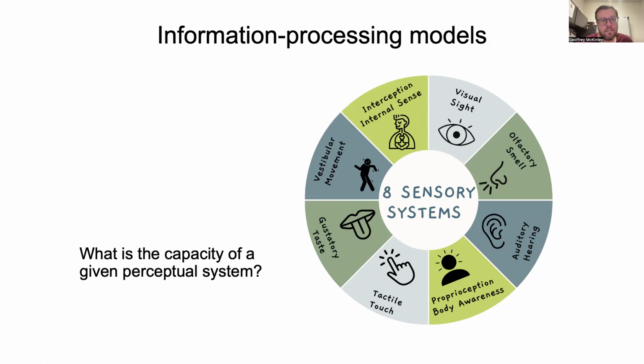So if somebody says that they have five senses, you can tell them, no, there's at least 10, and I'm showing you eight here. In any case, all of these senses can be considered information channels.